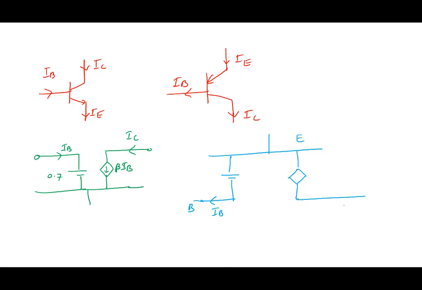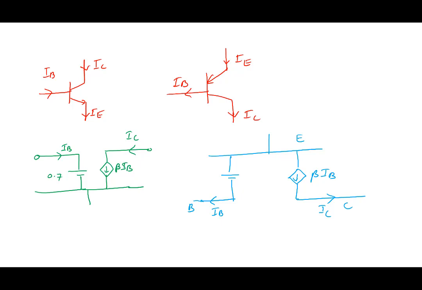Collector current IC, like this here, beta IB.